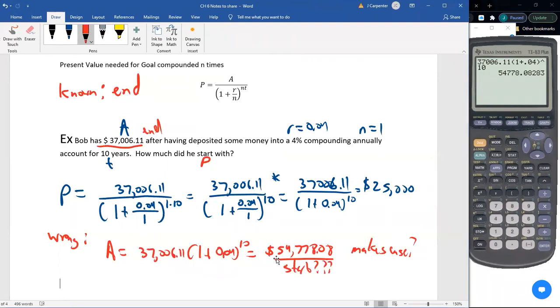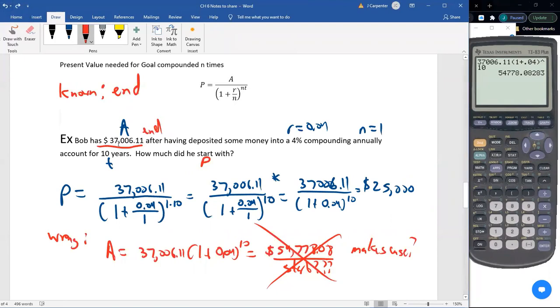What? You hear how high my voice is going? All the inflection here? That is completely trash. That cannot be. How would you invest in an account earning you 4% per year? How would you ever start with 54 grand, 55 grand, and end with 37,000?